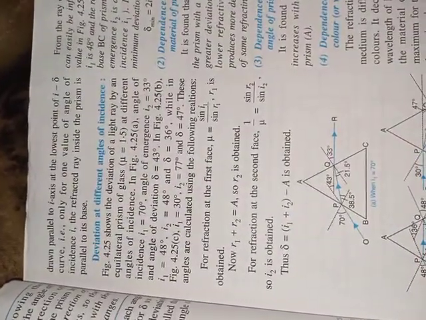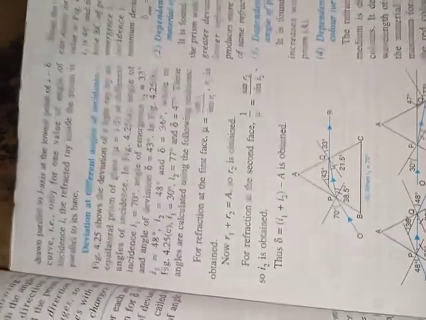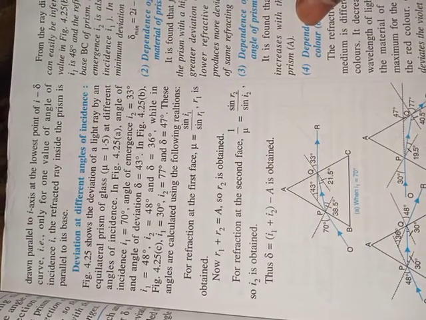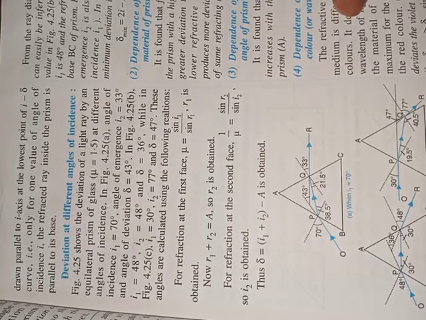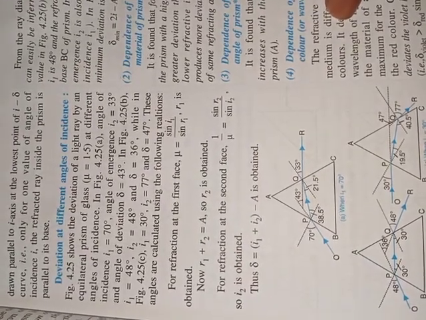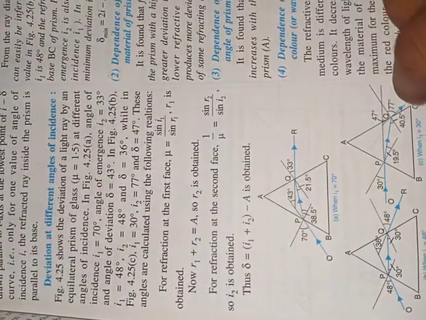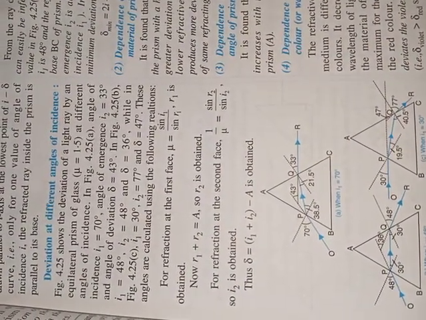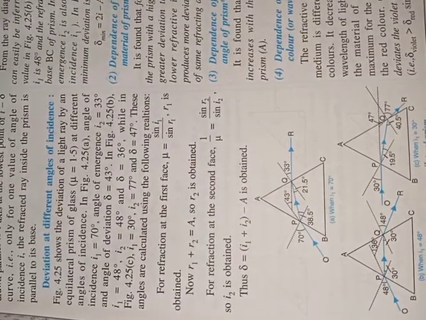Deviation at different angles of incidence. We know that mu equal to sin I by sin R. So 1 by mu equal to, okay, check it out. What does it want to say? This is an equilateral prism. Mu is given at a different angle of incidence.